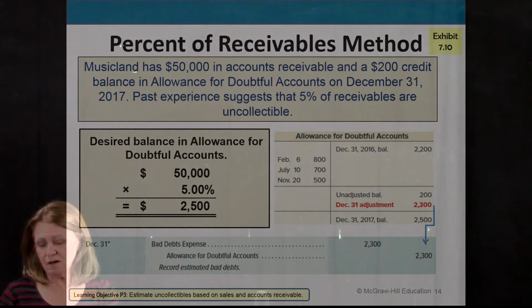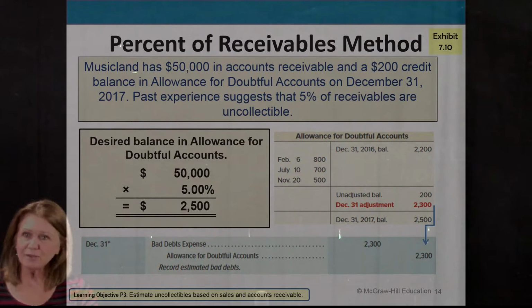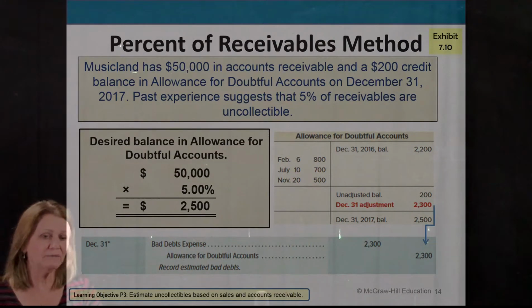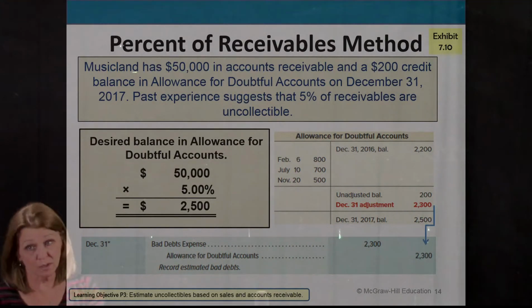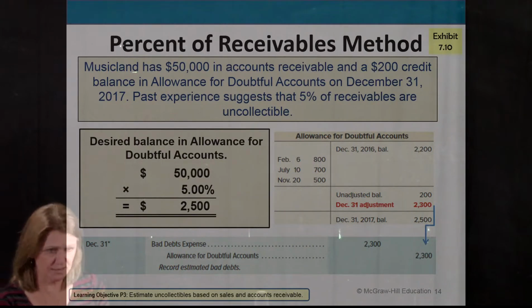Now, if you notice, on total sales we said 6%. So you just have to use the managerial knowledge you have, and historical information, to decide on that percentage. So the desired balance in the allowance for doubtful accounts is $2,500, which is 50,000 times 5%.